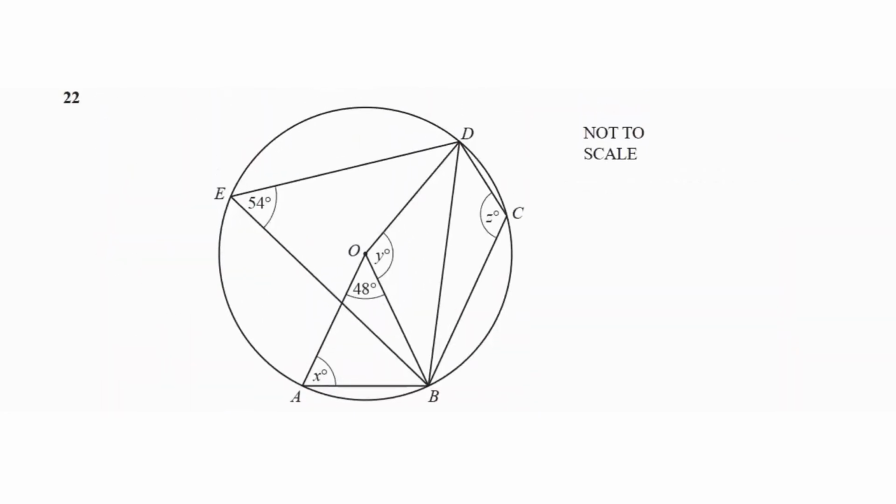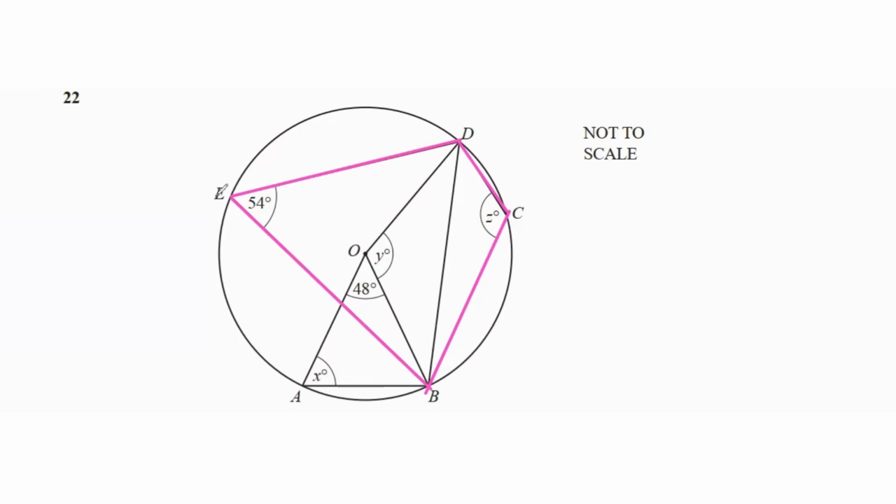In the next part, it says find z. As you can see, if we connect these 4 points, it makes a cyclic quadrilateral. A cyclic quadrilateral is a quadrilateral inside a circle where all of the vertices touch the circumference of the circle.